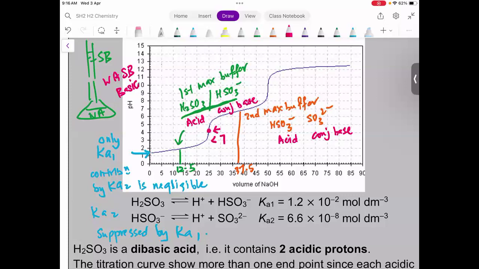But why so? In this case, you must recognize that at the first equivalence point, your Ka1 acid is gone. Then Ka2 starts to come in.